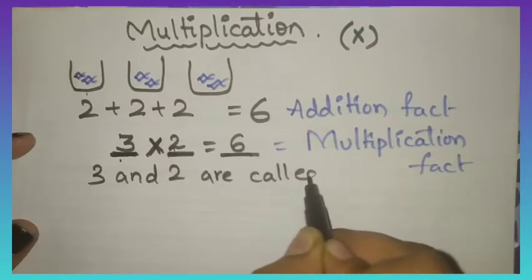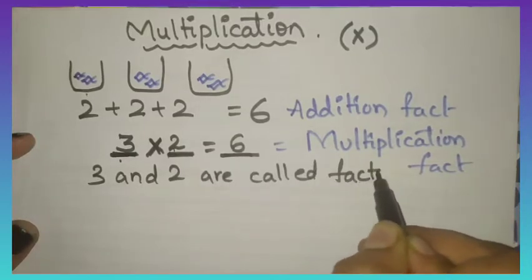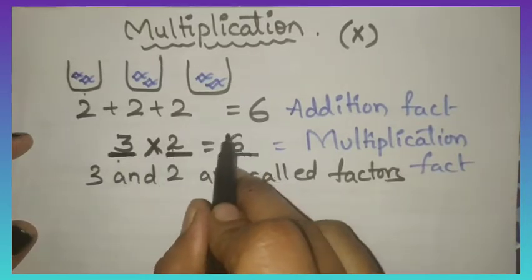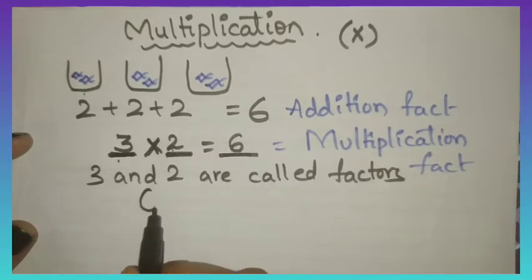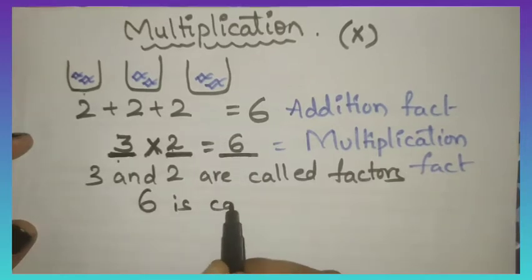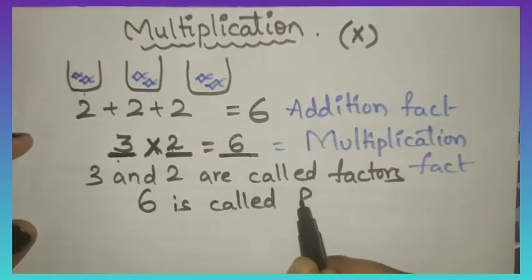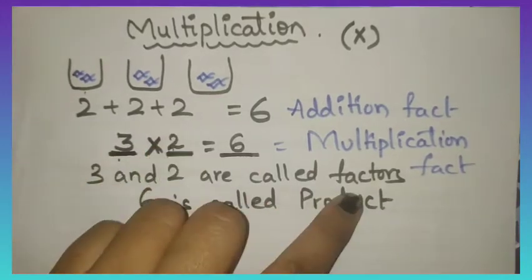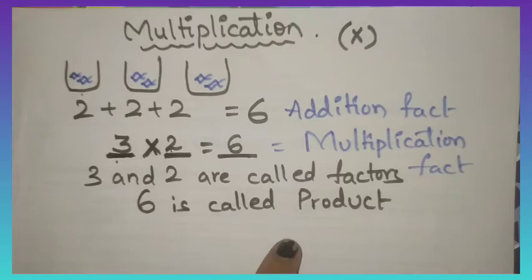Okay, factors. And the answer we get after multiplying, this 6, is called the product. So 3 and 2 are called factors and 6 is called the product.